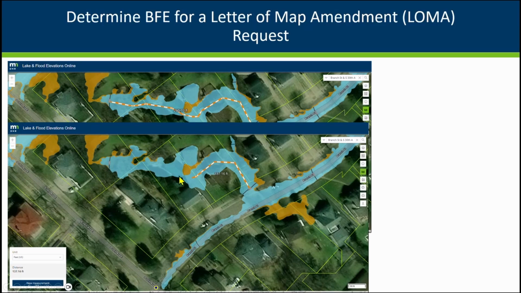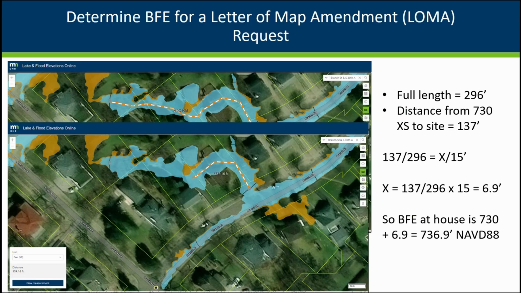And then I measured just the distance from the 730 and did my math and determined that based on prorating, the elevation at the home would be 736.9. The BFE at the house would be 736.9. So taking that prorated distance, the elevation there, and adding it to my 730 there.